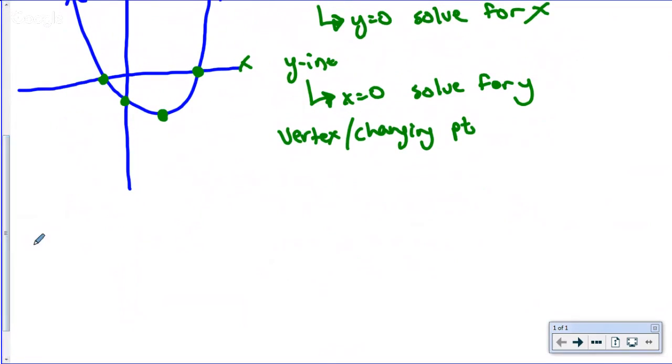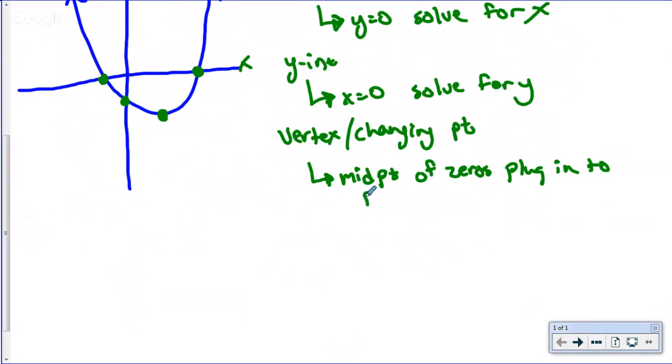The first way, which might be the easiest, is the midpoint of the zeros. The x value is the midpoint here, and then you plug it back in to find your y.